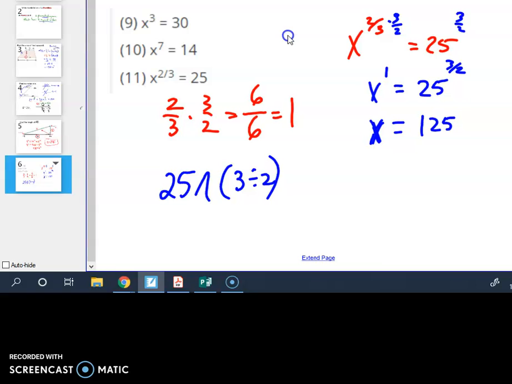Because basically the denominator of 2 means I'm looking for 2 identical factors that give me 25. That's 5 times 5. And the numerator says that I'm going to be multiplying 3 of those things together. So the number is 5, and I'm doing 3 of those. So 5 times 5 times 5 is 125. So some of these problems will work out to be really nice answers, but expect many of them to be decimal.